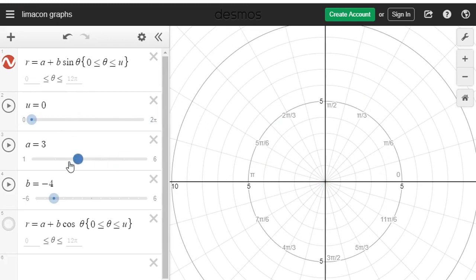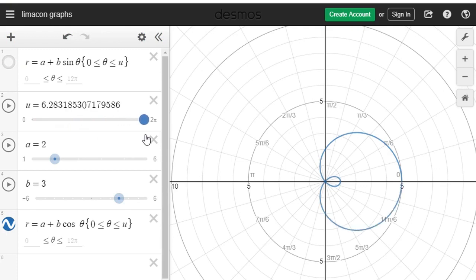So if we have 2 plus 3 cosine theta, if we graph this, it's going to look something like that. Notice it will start at 5, which makes sense because 2 plus 3 equals 5.